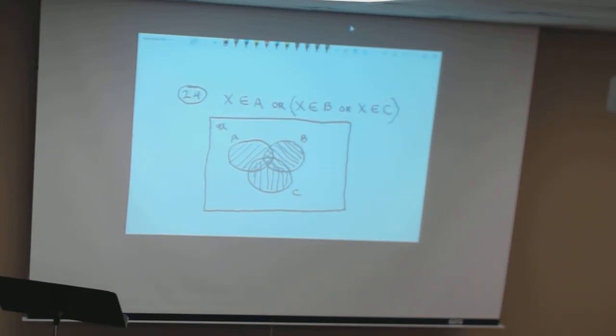24. X is an element of A. So let's just do that in red. X is an element of A. So that means I would just take A and fill it in. Or X is an element of B. Let's do B in blue. Or X is an element of C. Let's do C in green.